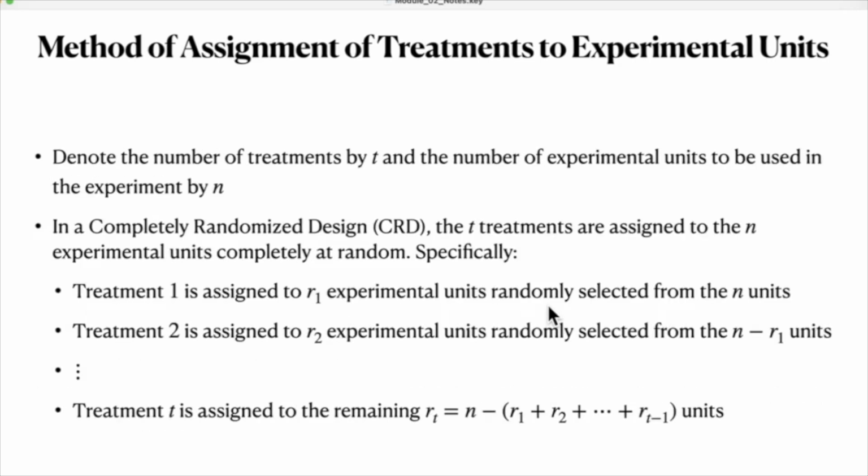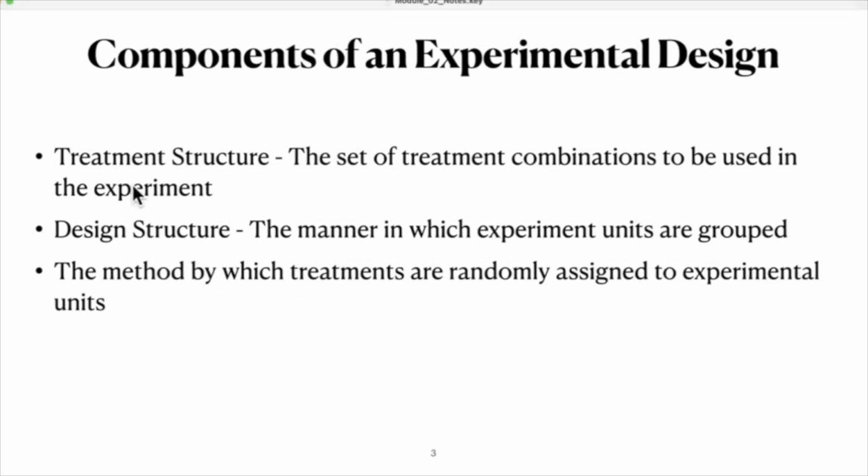All right, if we go back to this slide here, where we talk about the components of an experimental design, one of the most important components is the method by which treatments are randomly assigned to the experimental units.